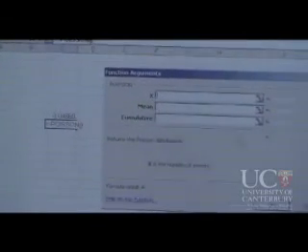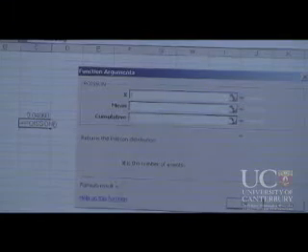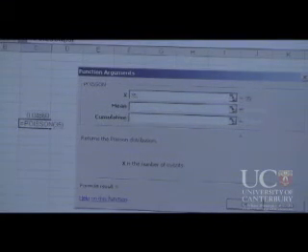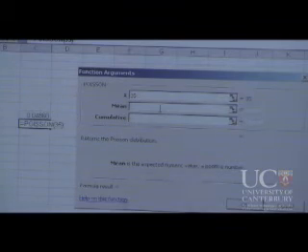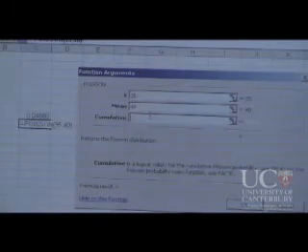We've only got 3 arguments this time. Arguments are these little things here. X is the number of events that we're interested in, so it's 35. The mean is 40. And then cumulative.